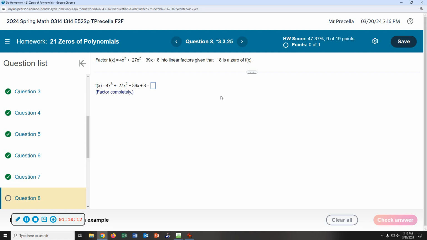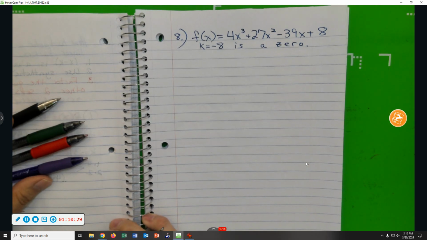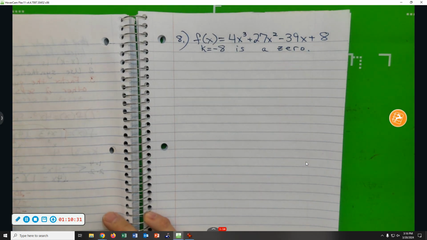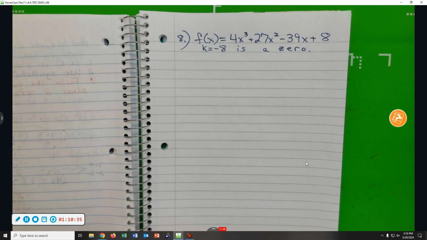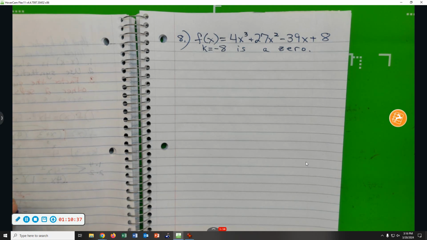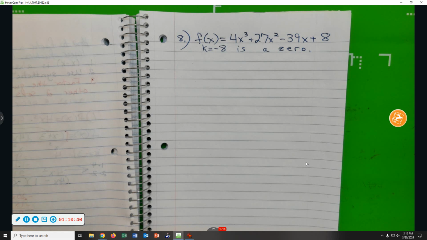Is that a plus 8? Uh-huh. And they tell us that -8 is a 0, so K equals -8. Let me show them how you've written it down. So, the buzzwords that let you know that you got to do this is if it says factor into linear factors, blah, blah, is a 0.